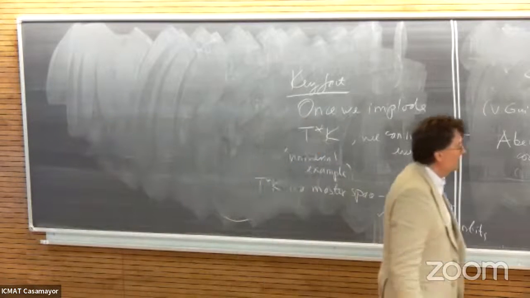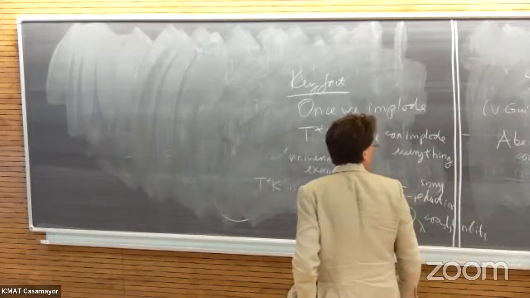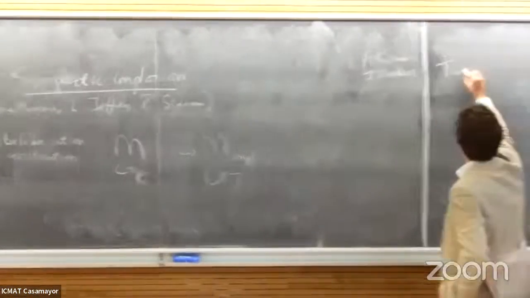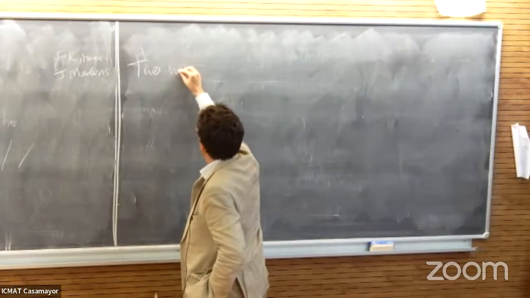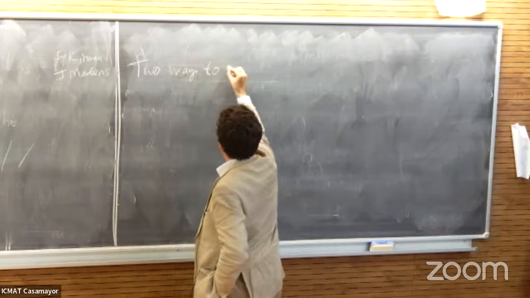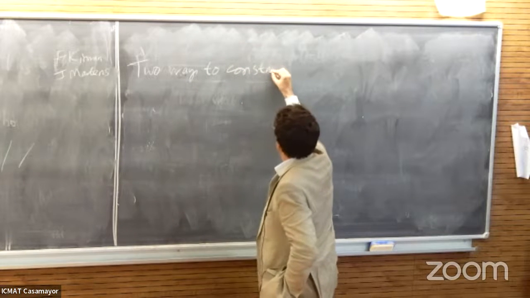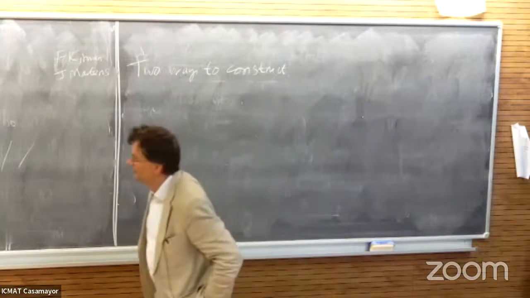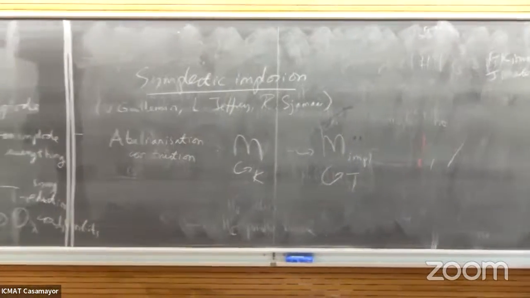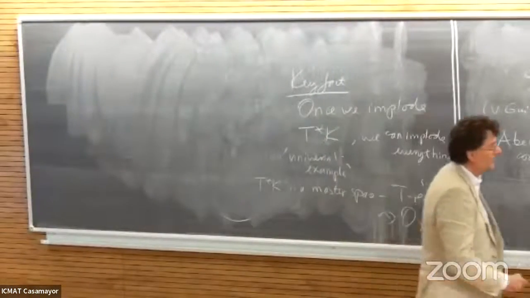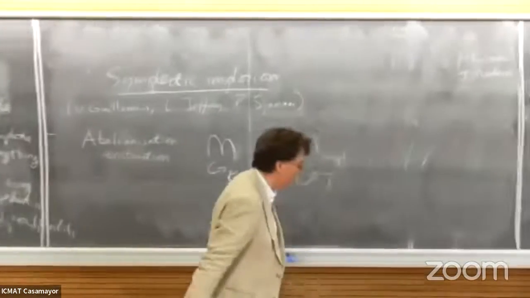How is this constructed? Well, there are two ways to construct it, which are in the paper by these three authors. So we'll talk about how to construct this universal example, and then I'll say how that enables you to implode an arbitrary space.